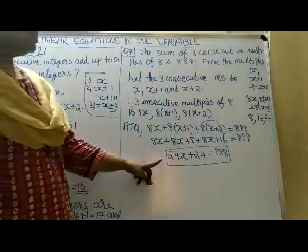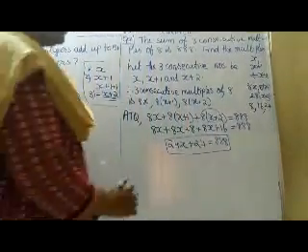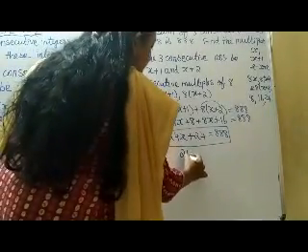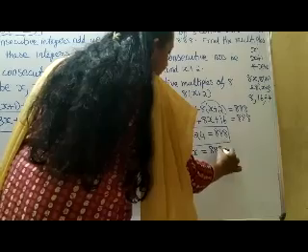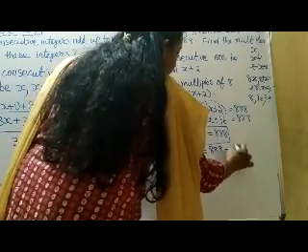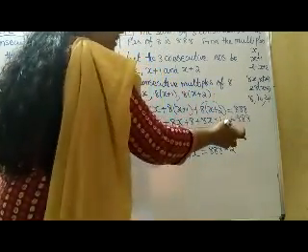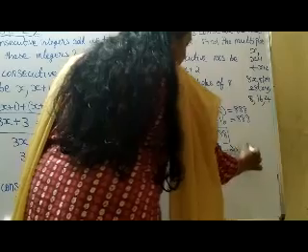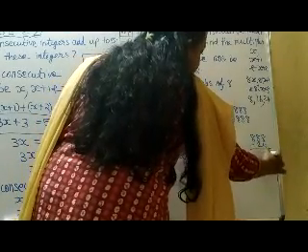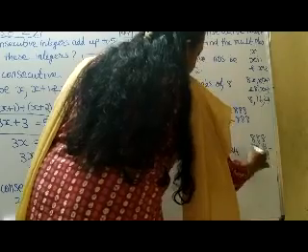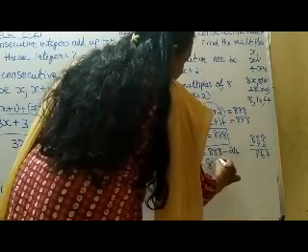Now we have to solve for x. For that, we keep 24x on LHS, and on RHS 888. The 24 shifting to RHS will become minus 24. 888 minus 24 gives 864.